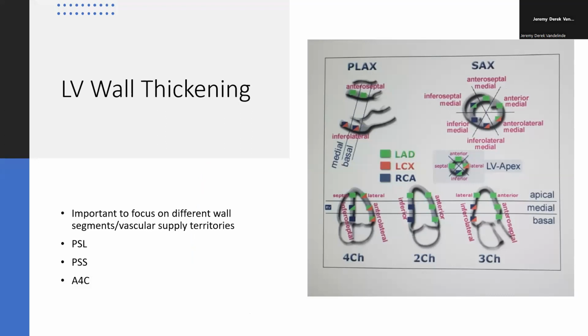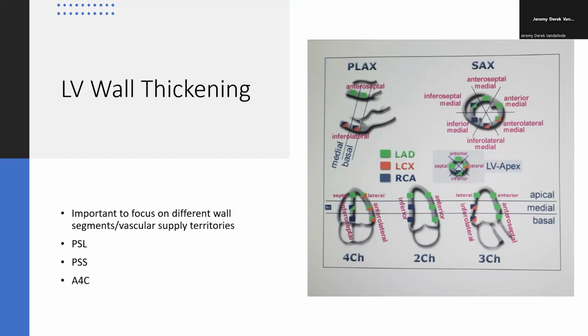In the long axis, you can only get the anterior septal wall, which is most proximal to the probe, and the inferolateral wall being distal to the probe. In the short axis, you can get a more comprehensive view, but it's important to get multiple different cuts of the LV at different lengths throughout it to make those assessments more accurately.